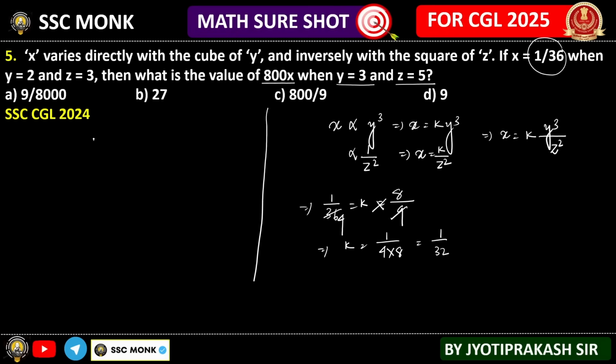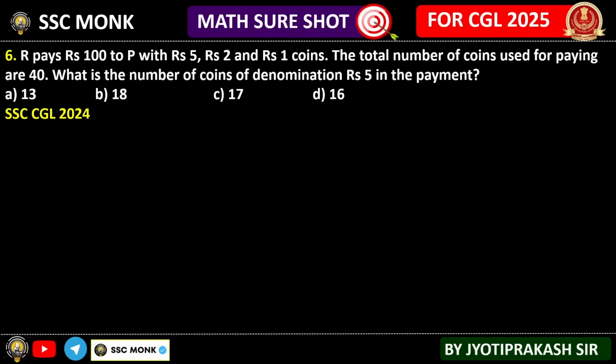Now, sir, 800 into x is equal to 800 multiply by k, that is 1 by 32, multiply by y cube, that is 3 cube 27, z square, that is 25. So 25 4s are 100. See, 8 into 100 is 800, right? 4 8s are 32. 8 8 gone. What is remaining? Sir, 27 is remaining. Answer option B. Clear? Next.